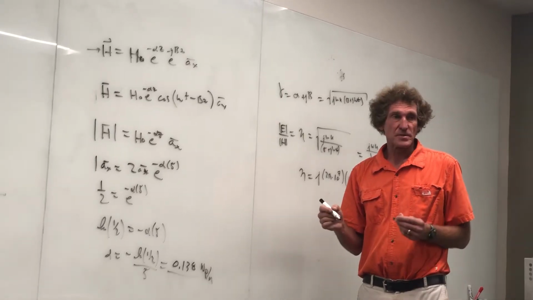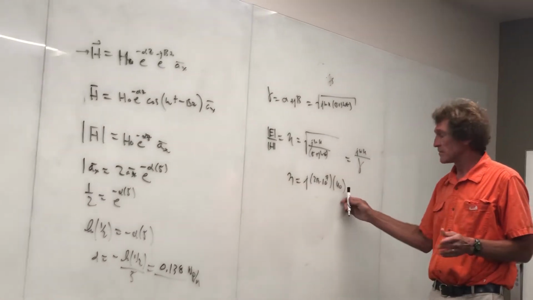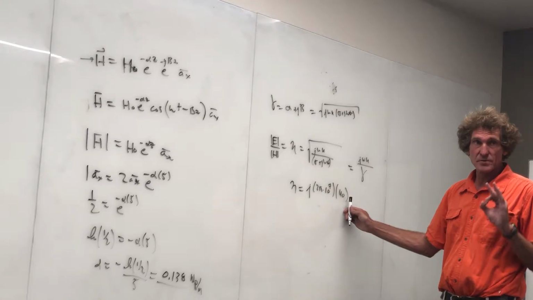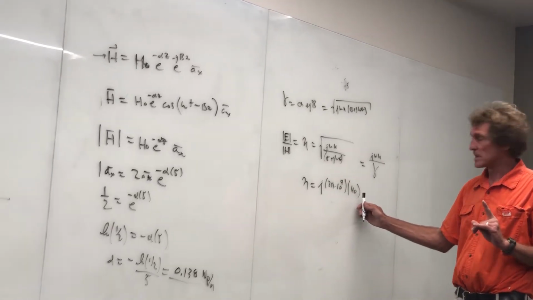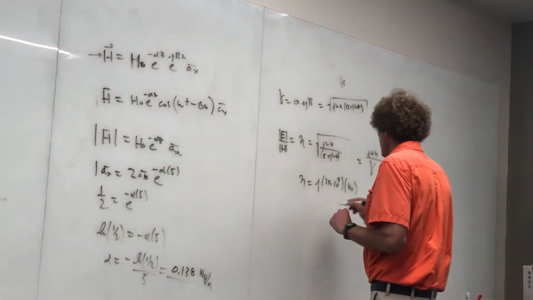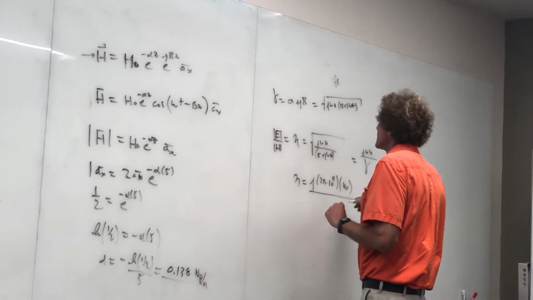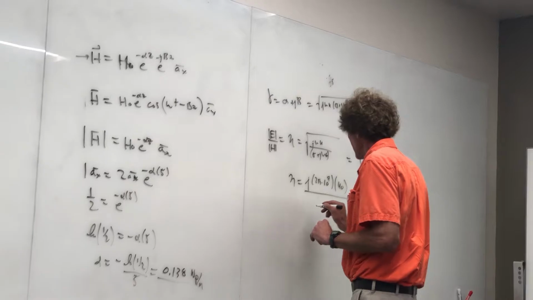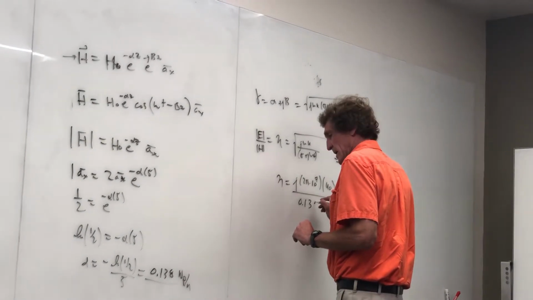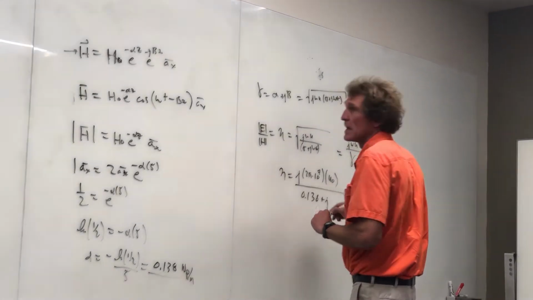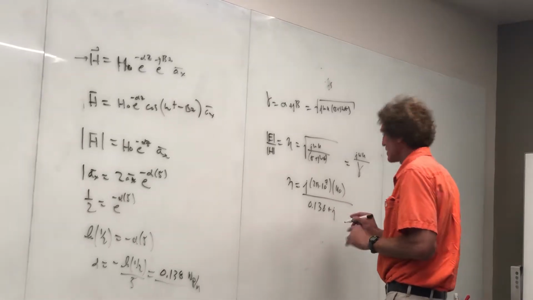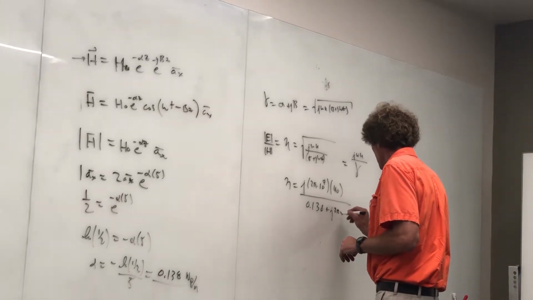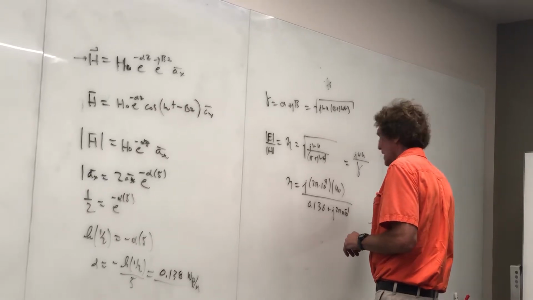You're gonna have to make this assumption, because if there's a mu relative that's not equal to 1, then this won't work, and this is about the only way I can see getting at the answer. That's gonna be the case, and then you have over the propagation, which is alpha 0.138 plus j, and beta was 2 pi times 10 to the minus 1. And that should be eta.